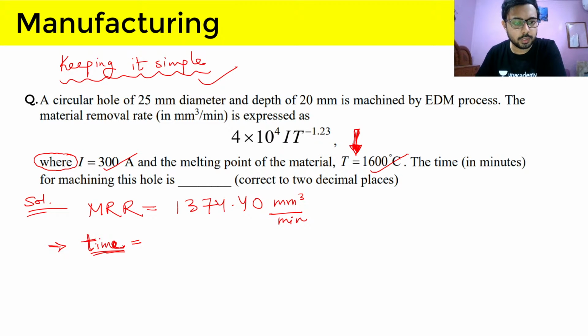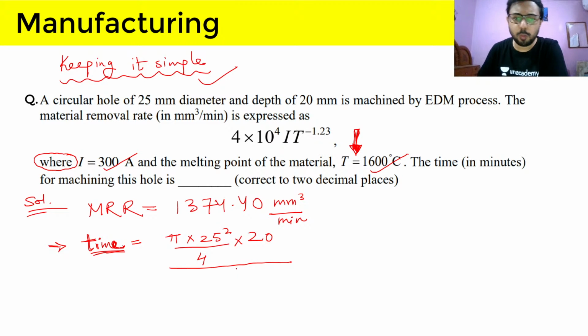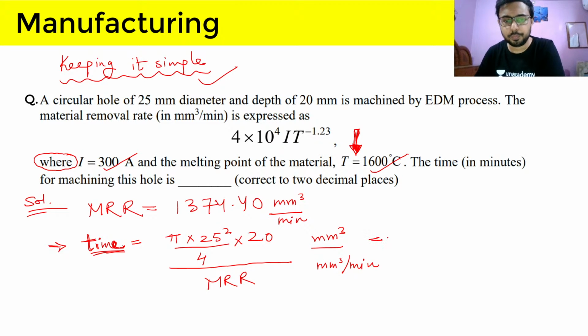The area of cut times the depth gives the volume of material removed, divided by the material removal rate. So what we will be getting here is the value in minutes, and that we have to find.